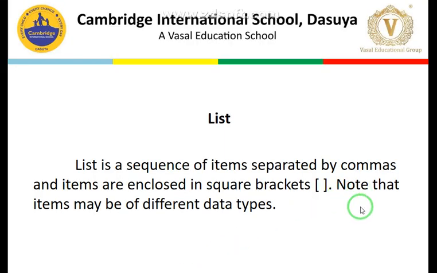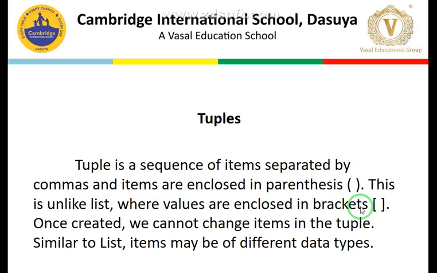After list, we move to the next data type. Students, the next data type is tuples. Tuples are very similar to list, but the major difference is that in a list we can edit, update or delete a data item, but in tuples we cannot do this.